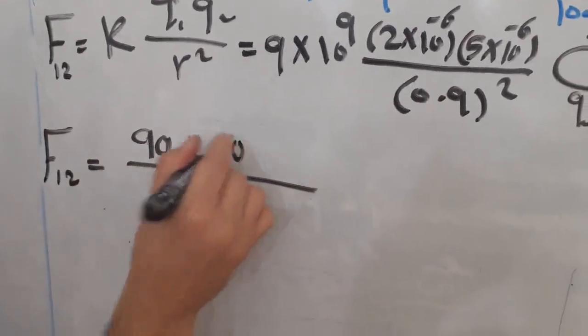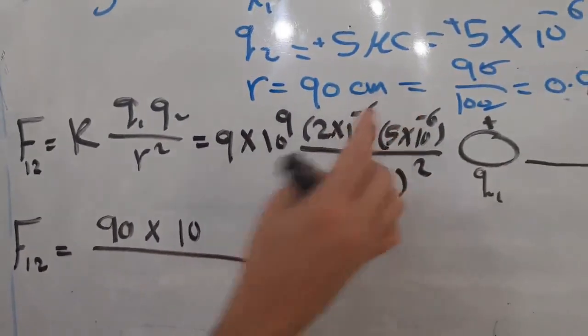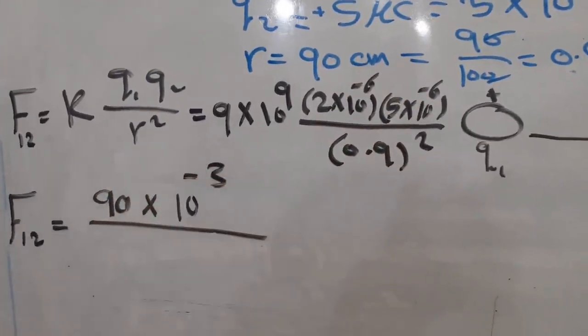Times 10 power 9 minus 6 minus 6, which is minus 3.